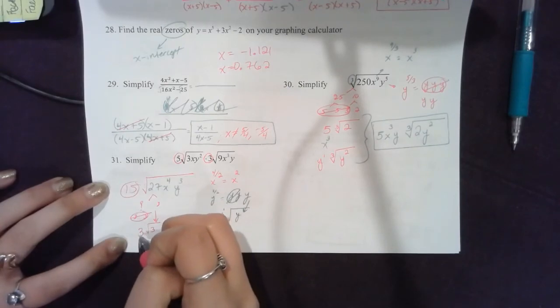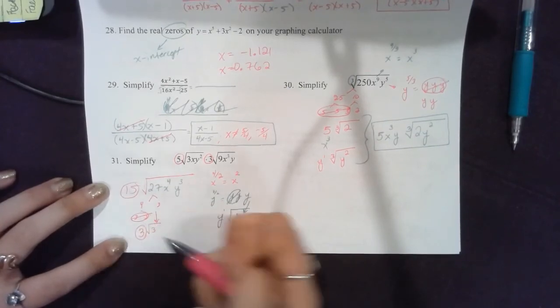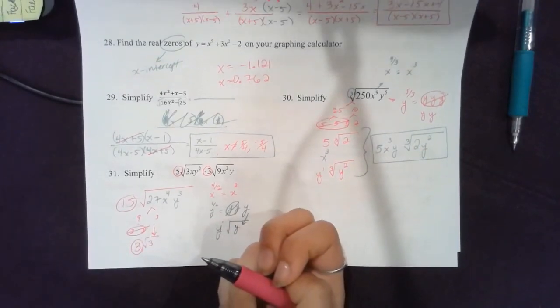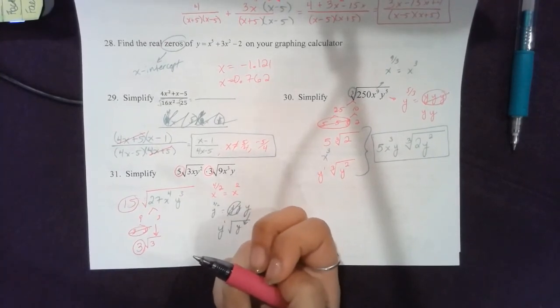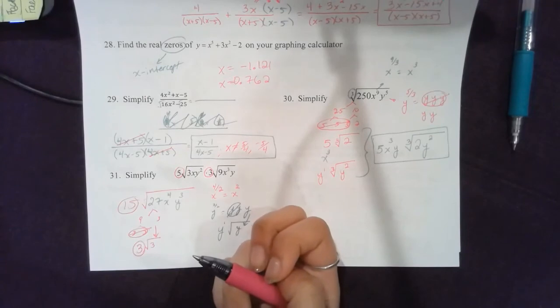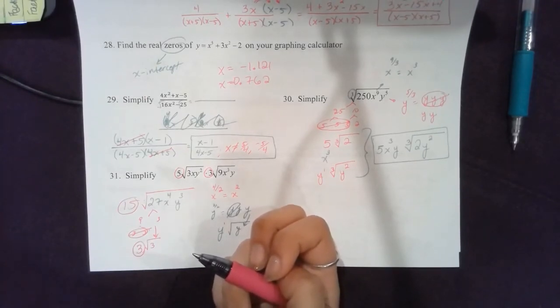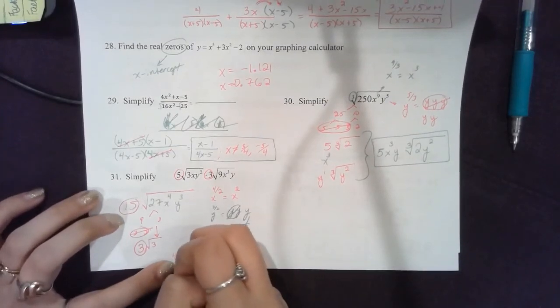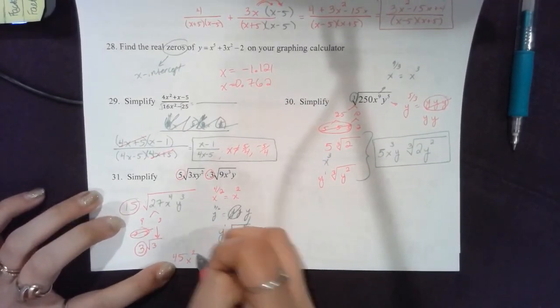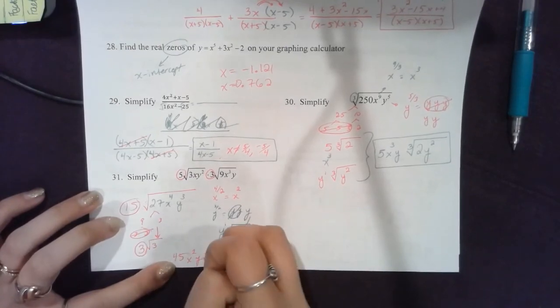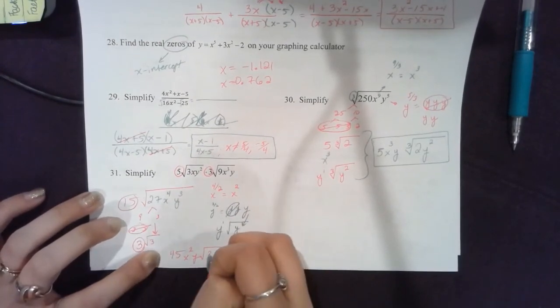So let's see, 5, 3, 4, that's what, 45? Yep, so we have a 45 on the outside, we have an x squared, and we have a y. And inside is 3y.